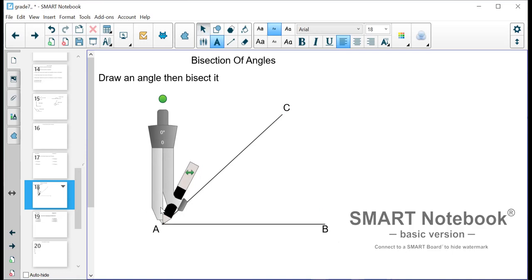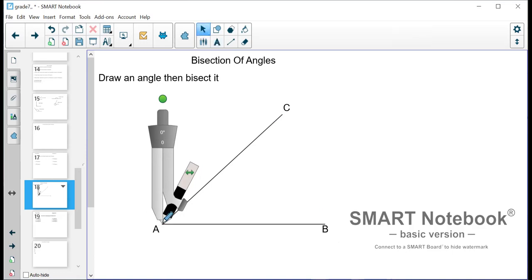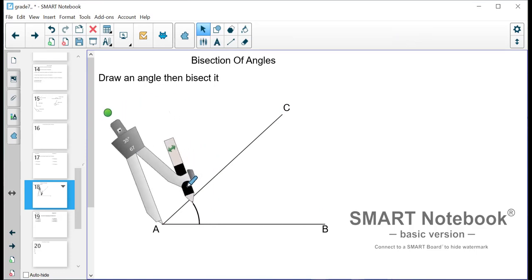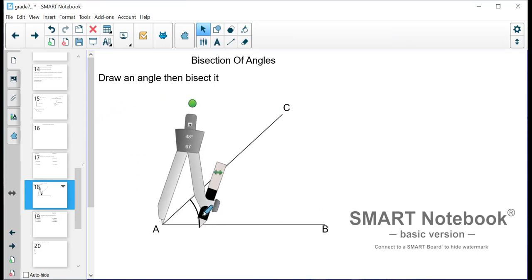So I place the compass point at A, then I open the pencil point to a suitable radius. When I say suitable radius, that is up to you, to choose a radius that you are comfortable with. There is no direct length that we have to use. So I just open to a suitable radius and describe an arc.